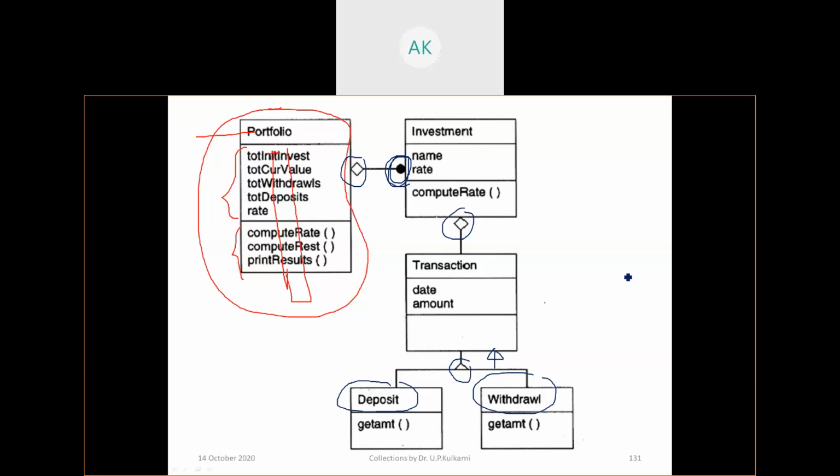Every transaction has a commonality in terms of date and amount, and there are two types of transaction as listed below. The first one is deposit, which provides the service get amount, which will take the amount, store it, and the date of performing that transaction, and a rate is computed on that amount. Then withdrawal, similar to that one, again has a date and amount, and services provided through get amount. So that makes a portfolio. That's how the business scenario for this given class diagram can be read.